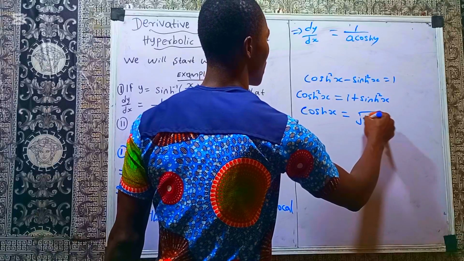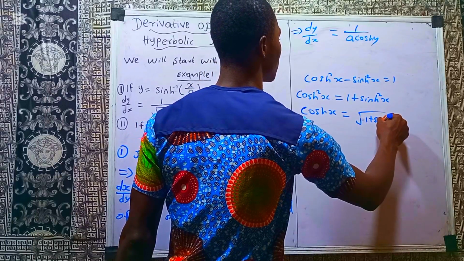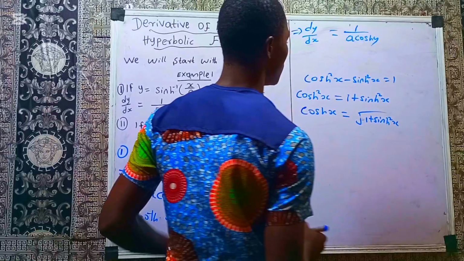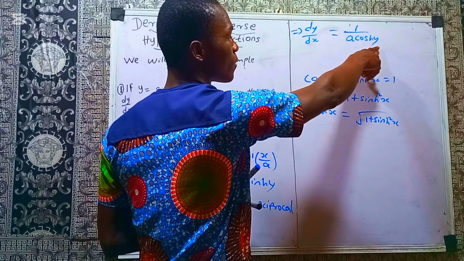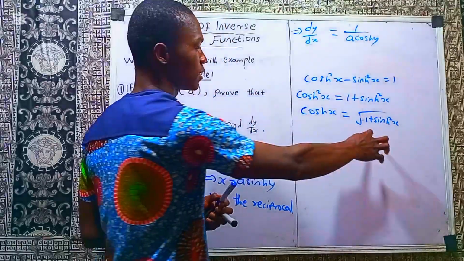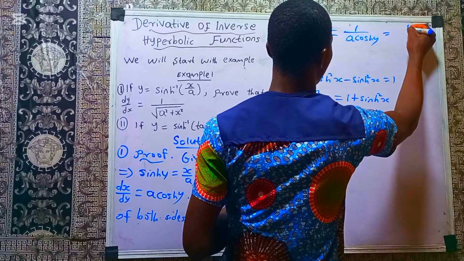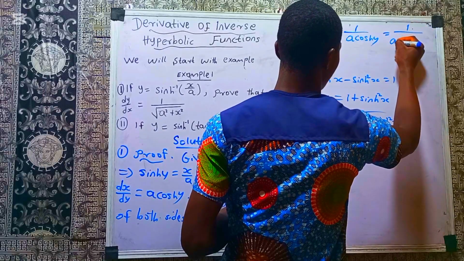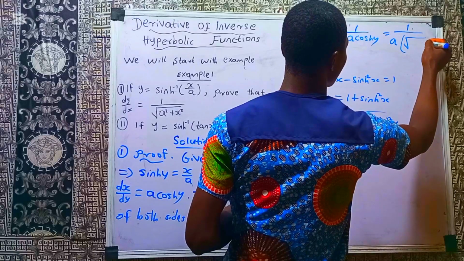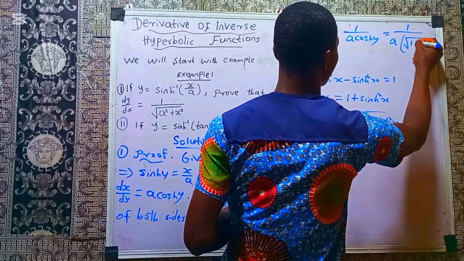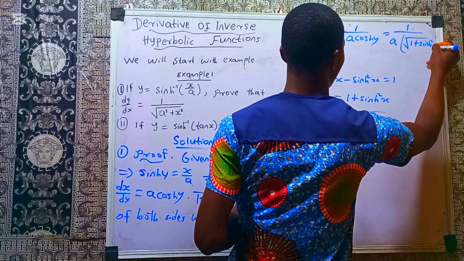You have hyperbolic cosine of x equals the square root of 1 plus hyperbolic sine squared x. So I can rewrite this hyperbolic cosine y in terms of sine like this. This quantity will be equal to 1 over a, square root of 1 plus hyperbolic sine squared y.